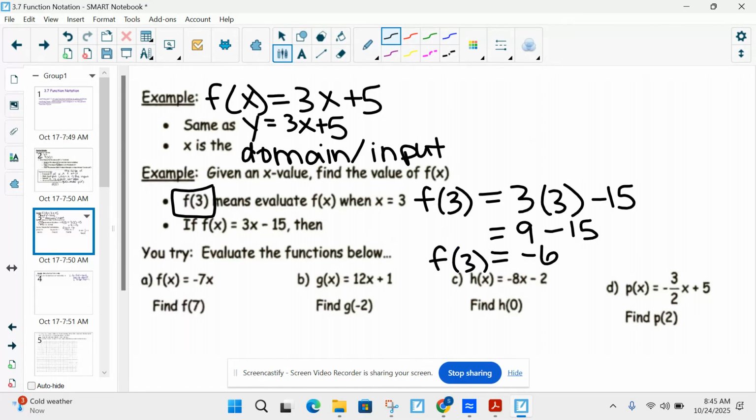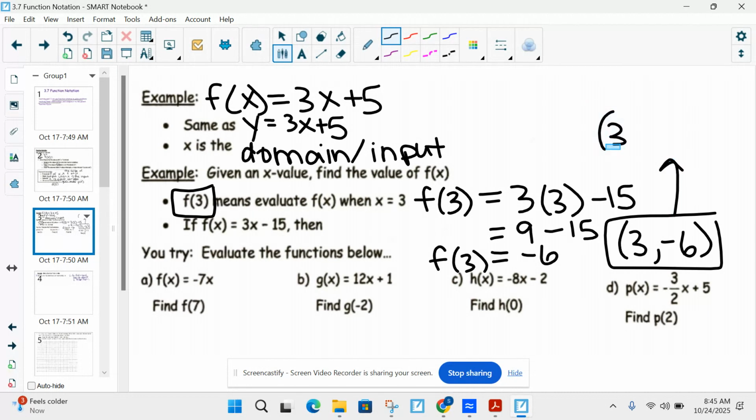As a coordinate, this means that when the x is 3, the y is -6. So you should be writing this down. So that's what it would look like as a coordinate. Or another way that you might see it is 3, comma, f of 3, where f of 3 just means -6, because that was the function's y value when the x is 3.